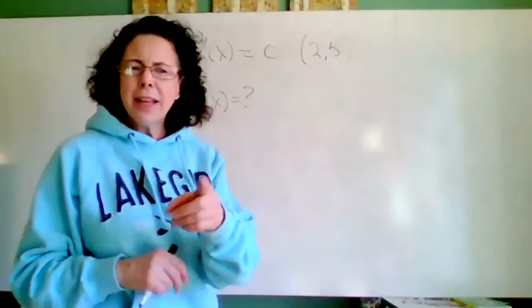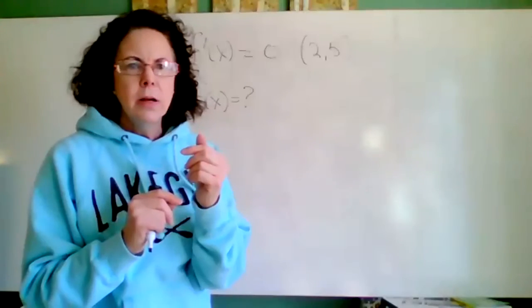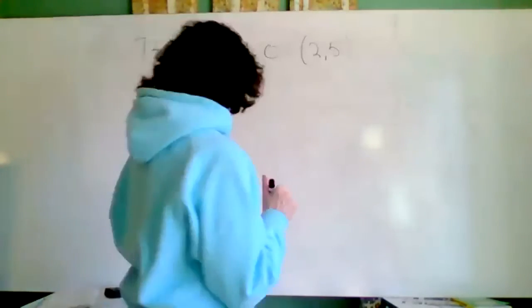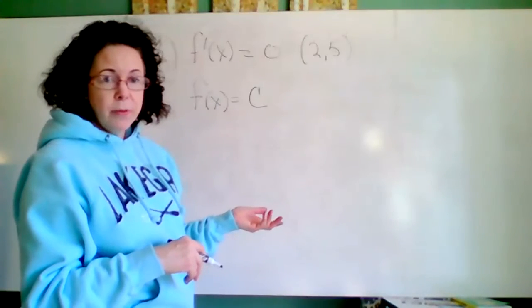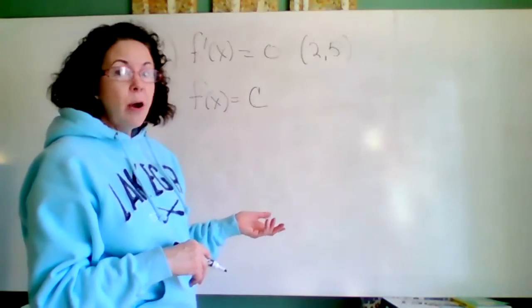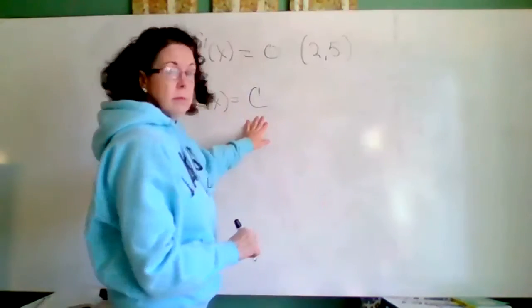Give me an expression that when I take the derivative, I get 0. Linear? If I had like 3x, I would get a 3. So I need a 0 out. Constant. A constant. Good. So isn't it true? Any constant right here, when I take the derivative, I get 0. Now I need this function to go through this point, right?